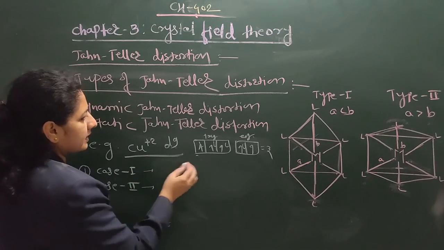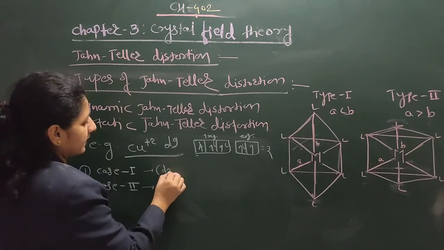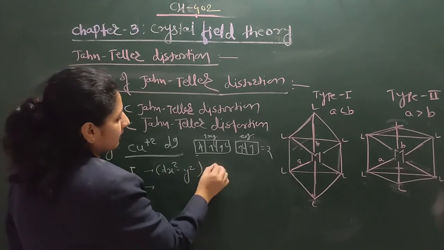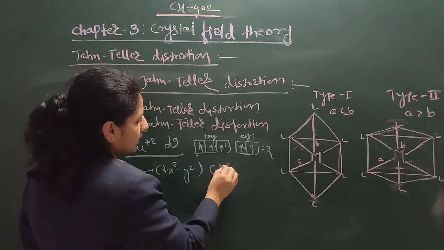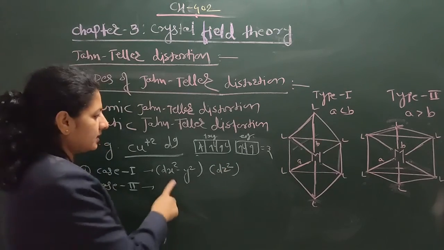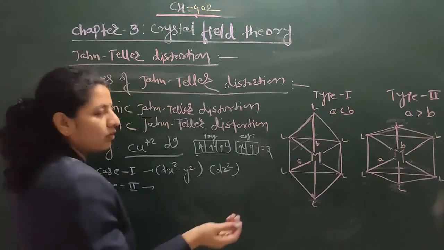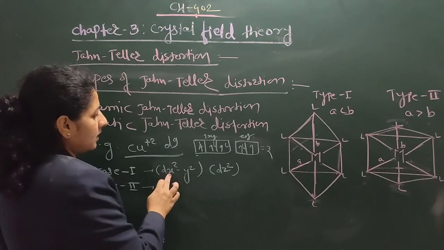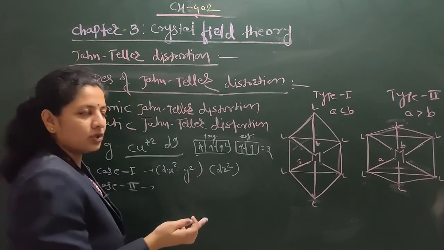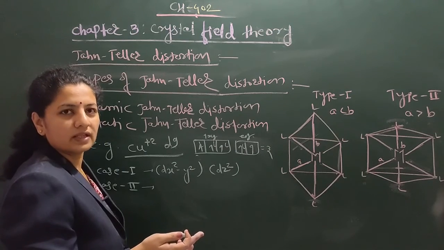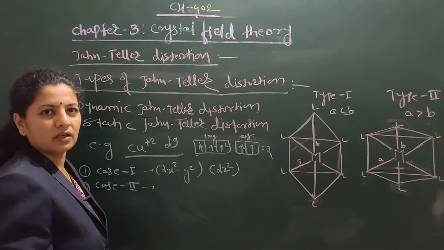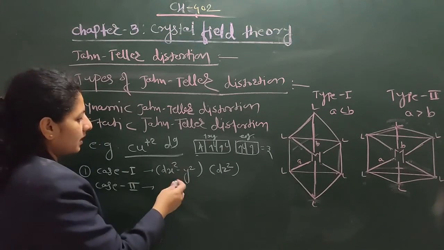As we know, EG has dx square minus y square and dz square orbitals, which are the 2 orbitals of EG. Here there are 3 electrons, and how can we put the electrons in these EG orbitals? There are two ways, that is two cases.